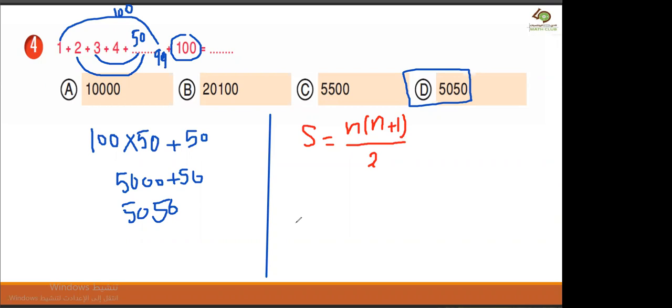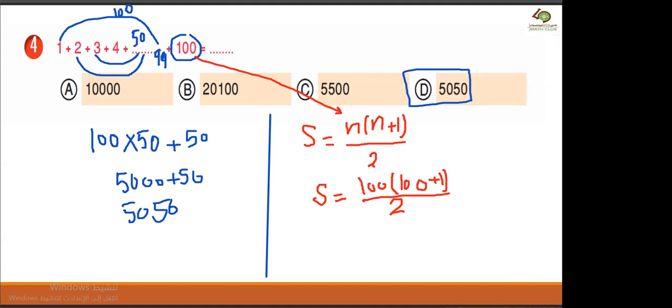N is 100. You write it here: S equals, N is 100. You write here 100, then also here 100 plus 1, divided by 2.